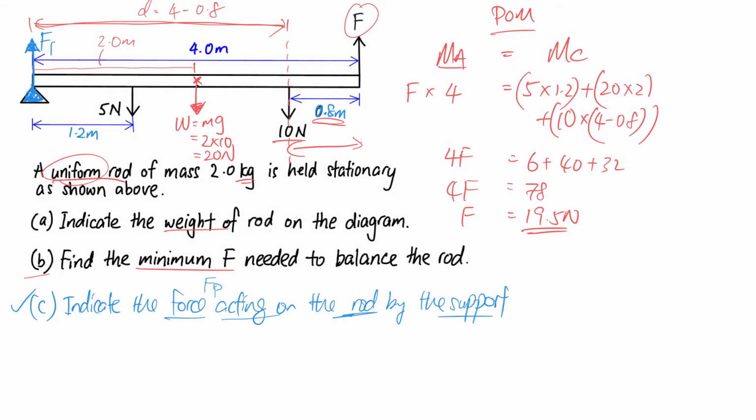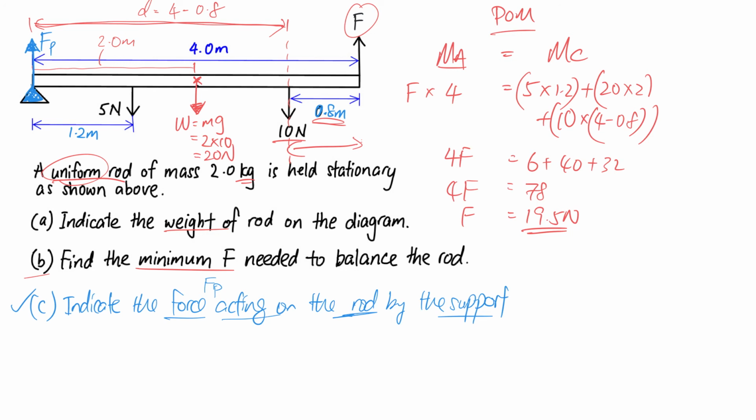So this FP is upwards. But what if you think it can be downward? That would be wrong, because all these are anti-clockwise moments, so the whole rod will not be in equilibrium. It will rotate. So it will never be downwards.